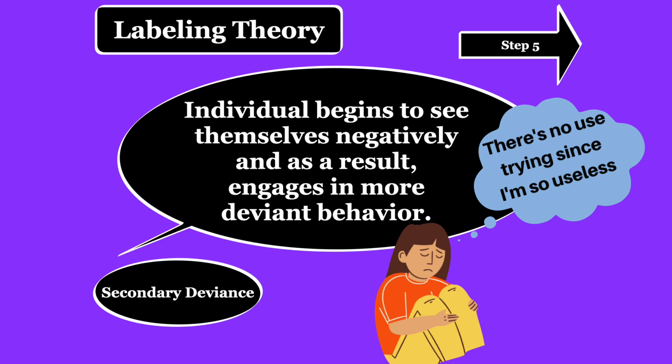And because their opportunities to conform have become limited because people are pulling away from them, they are likely then to engage in what we call secondary deviance. In other words, they still have to survive, they still have to pay bills, they still have to eat, they still have to take care of themselves, so they will find other, deviant ways of trying to get those basic needs met through committing secondary acts of deviance.